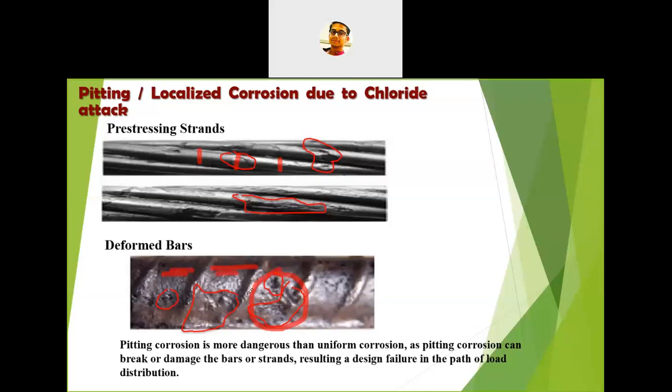The main drawback of chloride induced corrosion is that there may be some sudden breakage of the bars, or sudden breakage of the pre-stressing strands, because at the points where there is pitting, the stress experienced will be more. Anytime, due to continuous loading, there may be some breakage in the strands or the bars. So it is quite devastating as compared to carbonation induced corrosion.